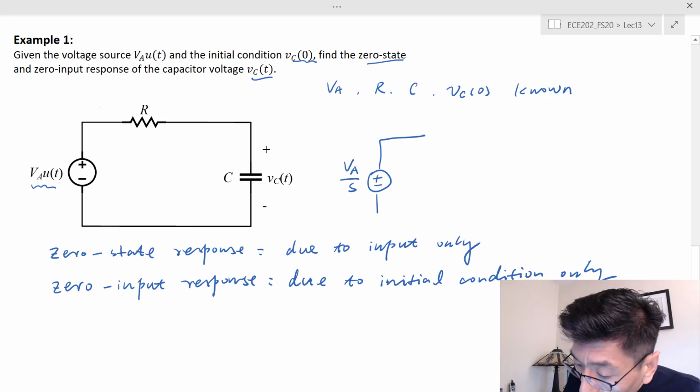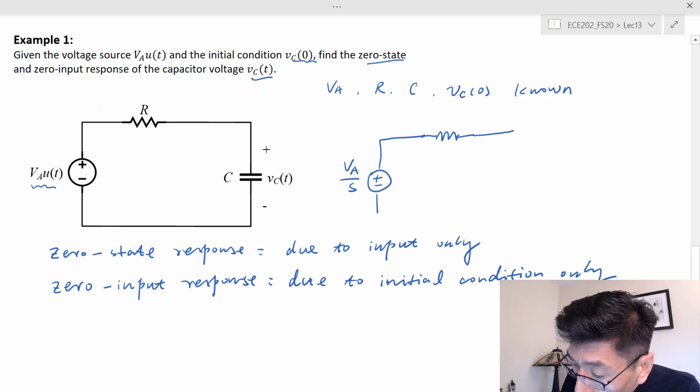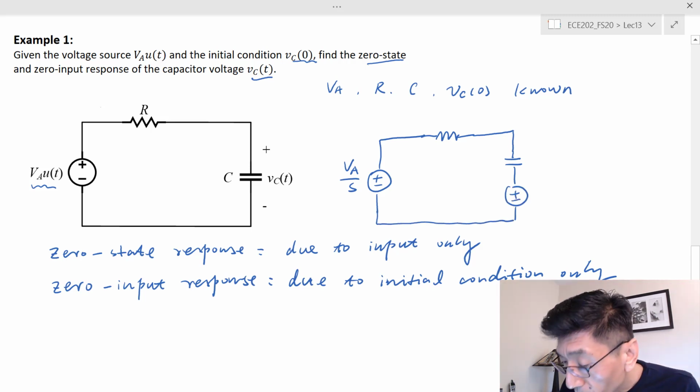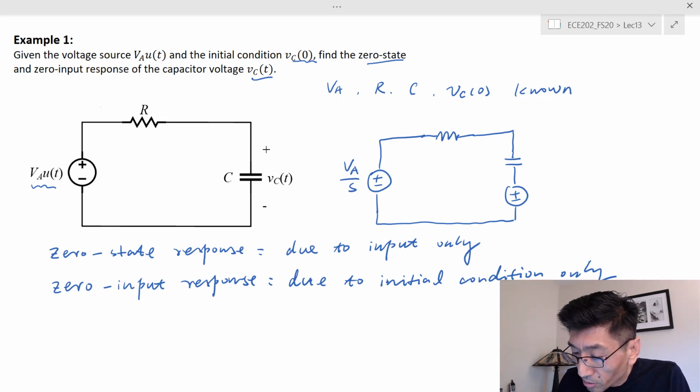And then we have the resistance; the impedance in the S domain for resistance is the same. And we have the capacitance. Capacitance will become an impedance in series with a voltage source. And you could use an impedance in parallel with a current source. But in this case, this will be slightly easier to solve. Not that much, but it's slightly easier to solve.